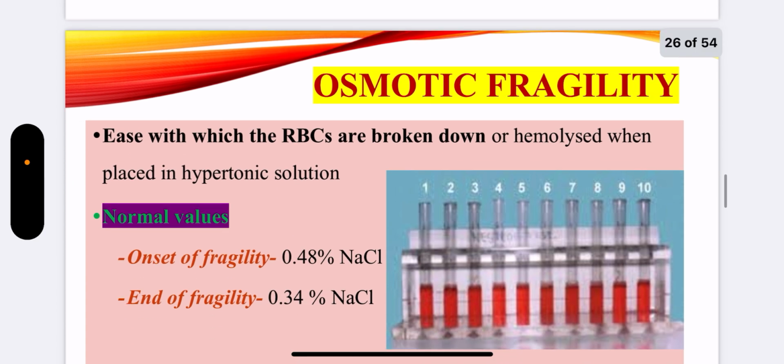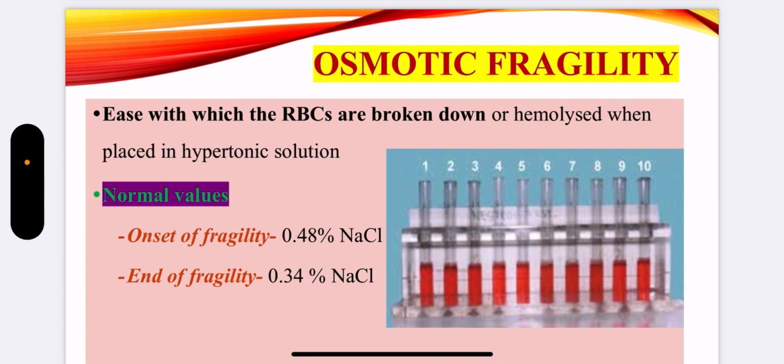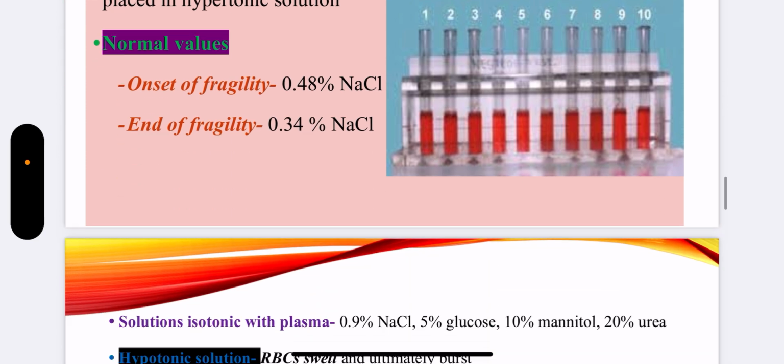Now about osmotic fragility. In physiology, everything lies in the name. Osmotic, related to osmotic changes. Fragility, how fragile a thing is. So it is the ease with which the RBCs are broken down or get hemolyzed when they are present in hypotonic solution. It is not hypertonic, it is hypotonic.